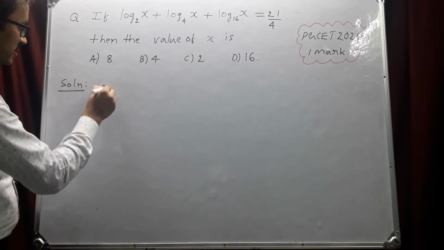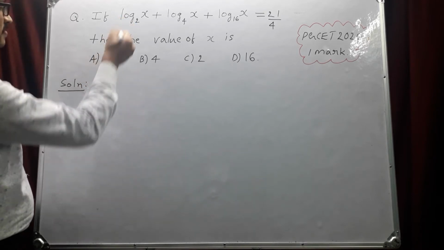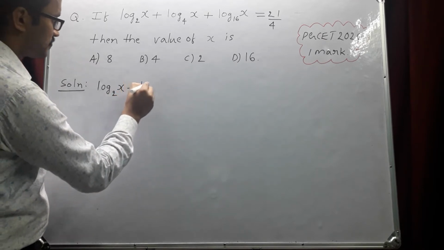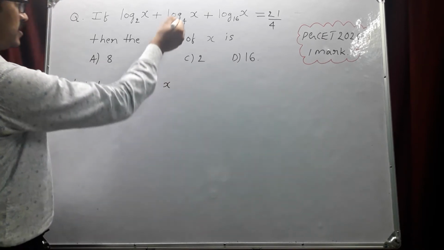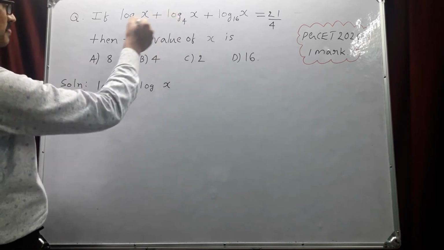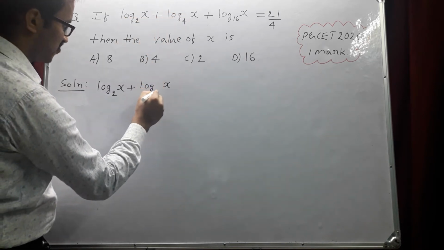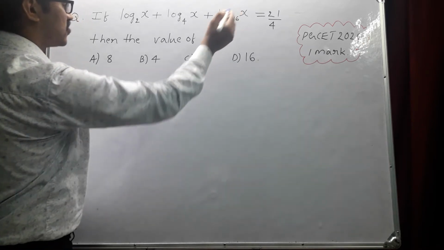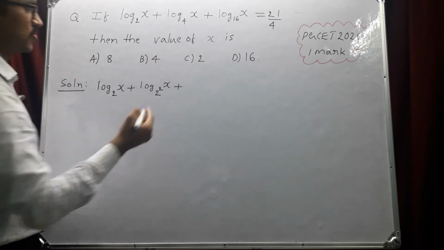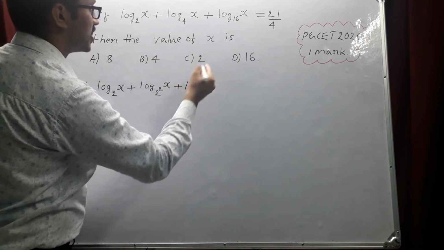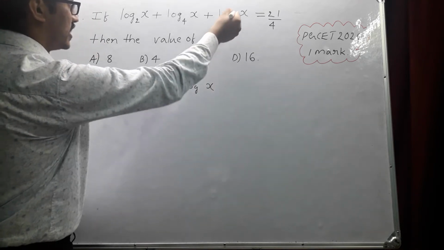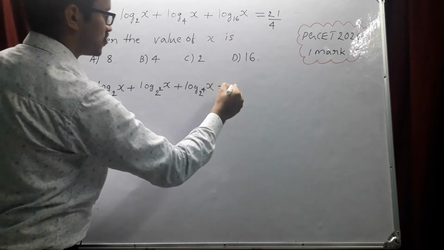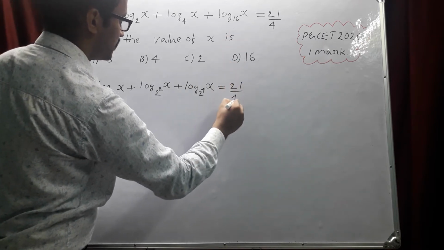So I will write the given problem like this: log x to the base 2 plus log x to the base 4, which I can write as 2 square, plus again here also I will convert it into the base 2 by using the property, log x to the base 16, which I can write as 2 power 4. So that is equal to how much? 21 by 4.